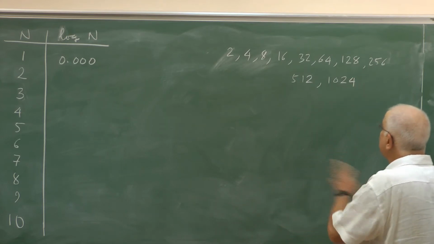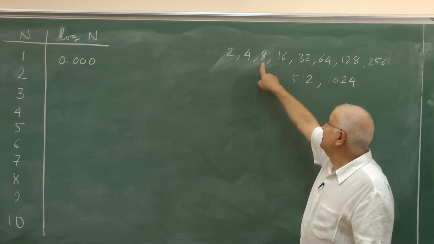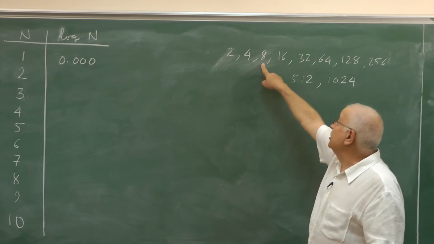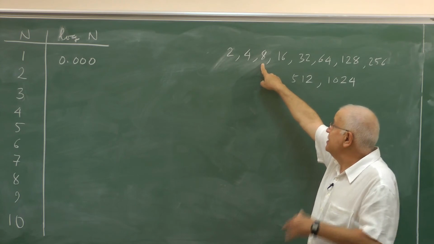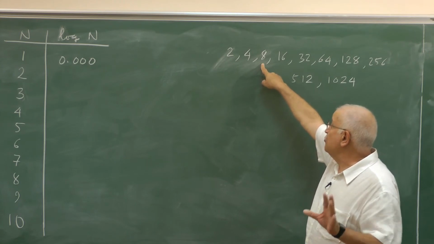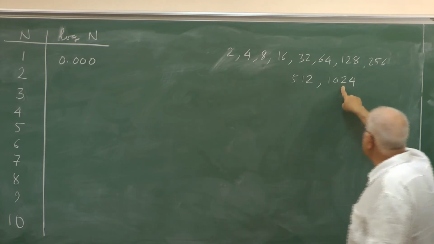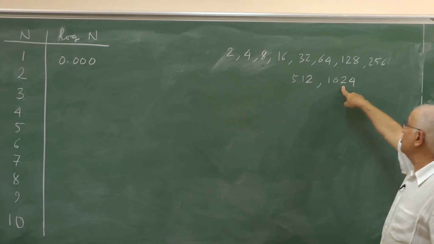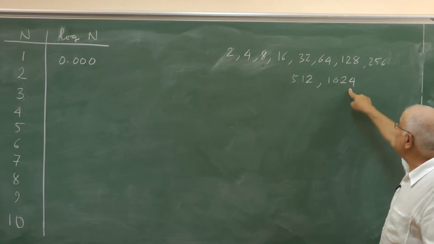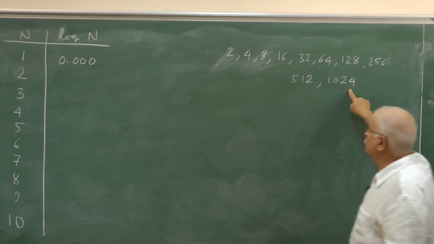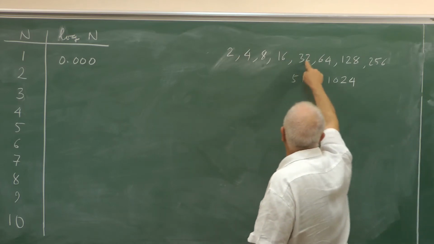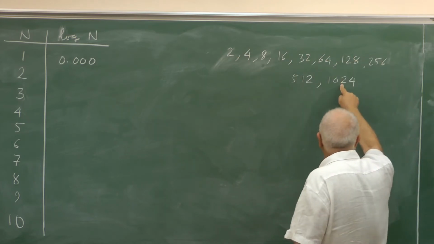You see, of all these, 8 is close to a power of 10, namely 8 is nearly 10, but that's 20% off. On the other hand, this is only 2% or 2.4% off. So this is what I'll use. So 1, 2, 3, 4, 5, 6, 7, 8, 9, 10.